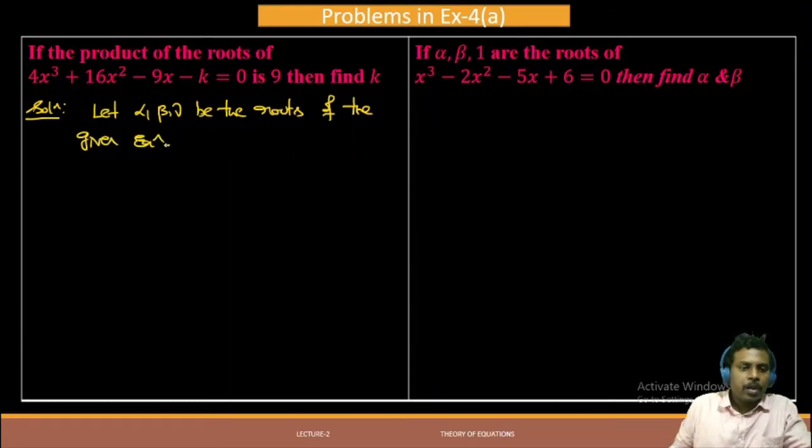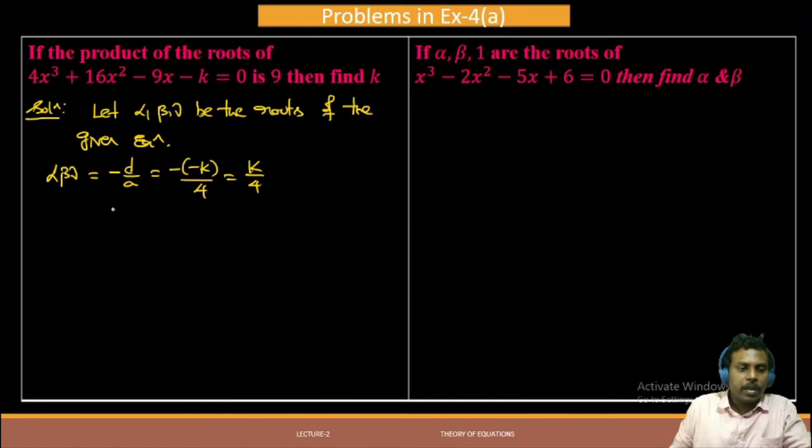Okay, and we know that the product of the roots alpha beta gamma is equal to minus d by a. This is for the standard cubic equation. It is minus d, that is minus of minus k, divided by a. In the place of a, it is 4. So this becomes k by 4.